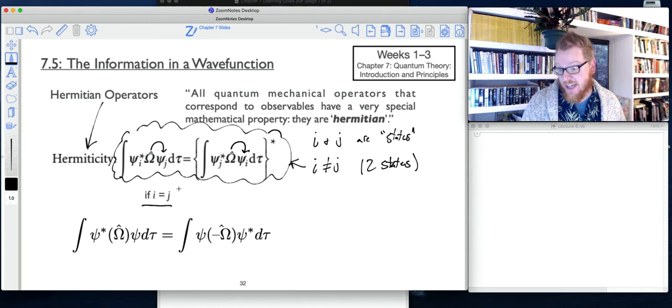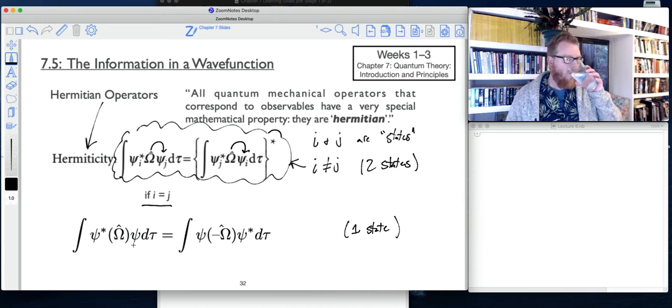If i is equal to j, we're really only talking about one state, so perhaps the ground state. Notice I no longer need to qualify the i's and the j's because it's the same state, the same wave function.